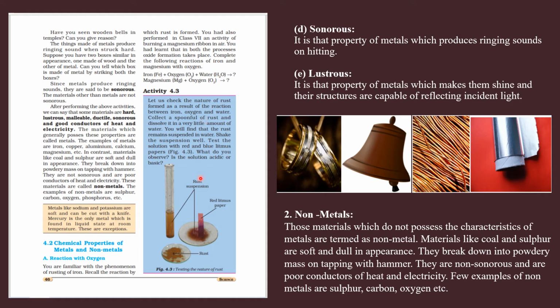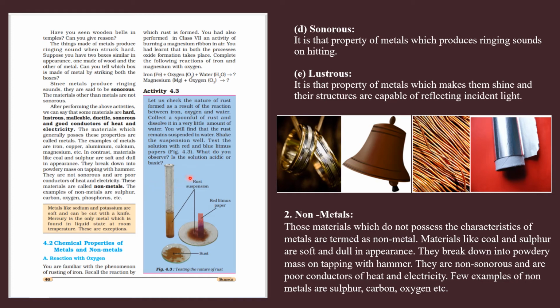An activity is also given here to check the nature of the rust formed by the reaction. We can collect a spoonful of rust and dissolve it in a small amount of water, so the rust is suspended in the water. We shake it well.